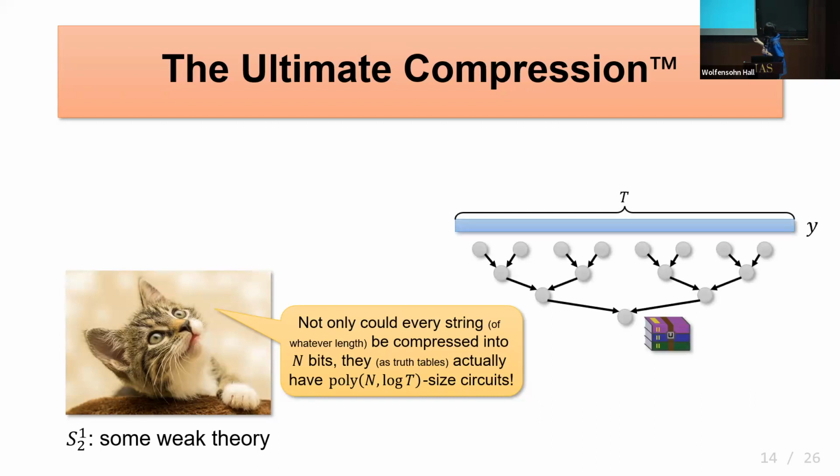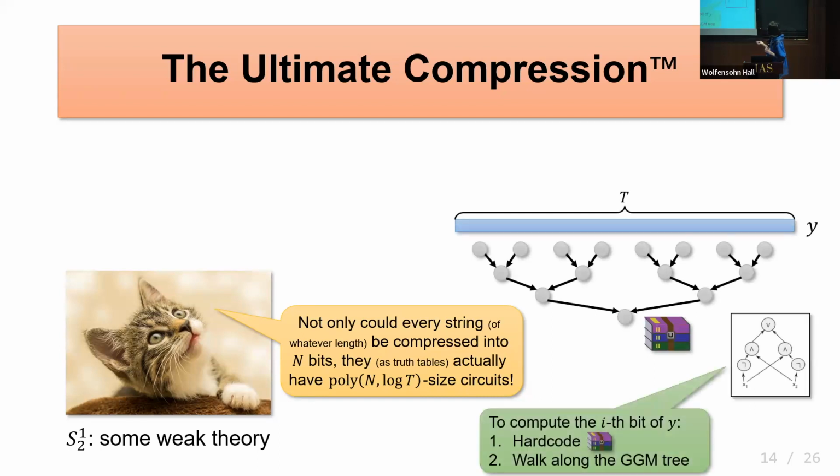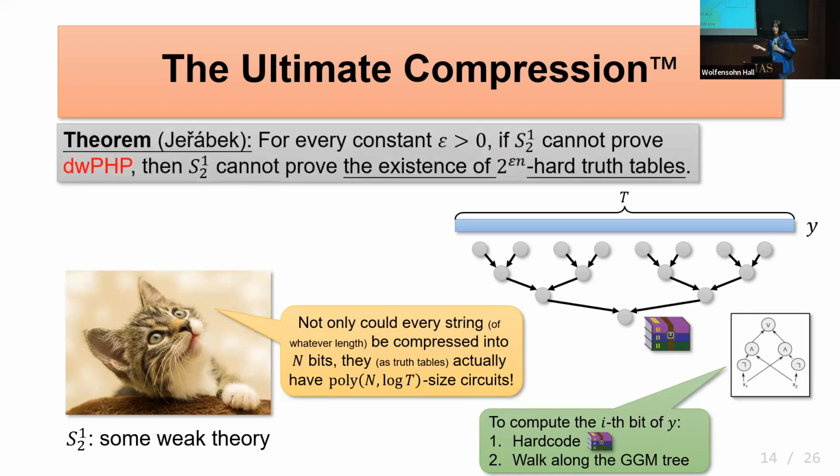So you have this string, you compress it into length N, and the compressed string gives you a small circuit for computing the truth table. You just hardcode the compression, and given i, you walk on the GGM tree. Stated in more formal terms, if my weak theory cannot prove the dual weak pigeonhole principle, then it will also think every truth table has a small circuit. I hope this is understandable.